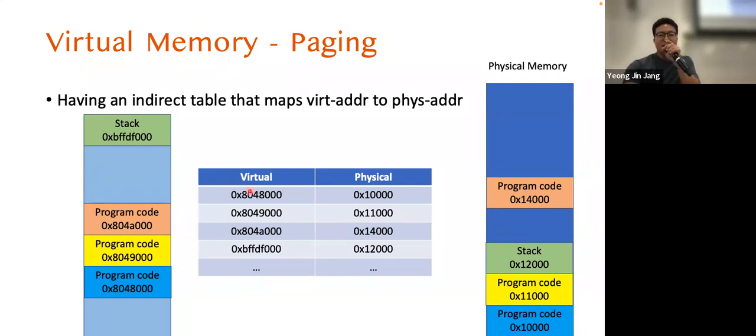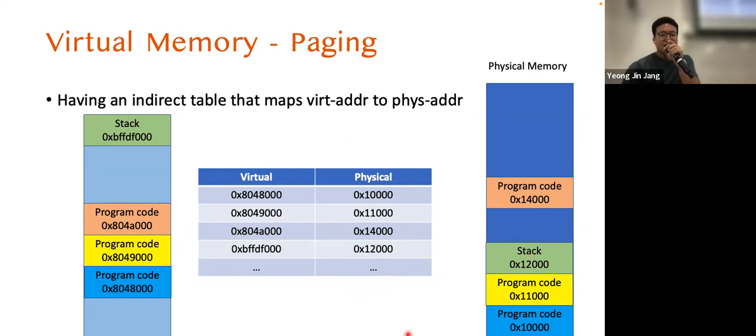The good thing about having this table is that we don't have to keep these addresses in sequence, because it's a one-to-one mapping between 4 kilobyte regions, which are pages. So although the program code is contiguous, we can put those pages in totally separate places, and we can even put the stack in between. But what we must have is the correct table indicating which page in virtual memory should be mapped to which page in physical memory.